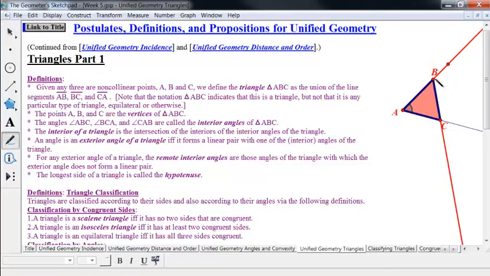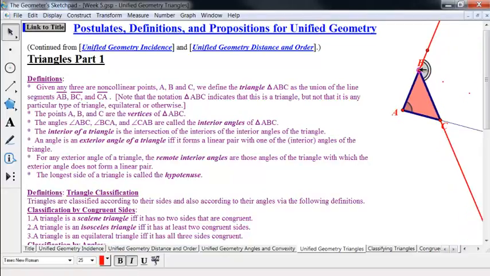So we have exterior angles and interior angles. An exterior angle, by definition, forms a linear pair with one of the interior angles. So that exterior angle there, for example, forms a linear pair with the interior angle at B. Sometimes we'll be lazy and just say the angles of this triangle, and by that we'll mean the interior angles.